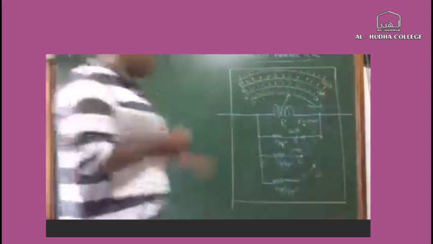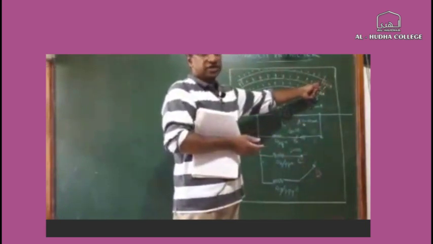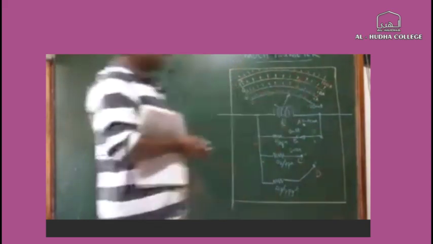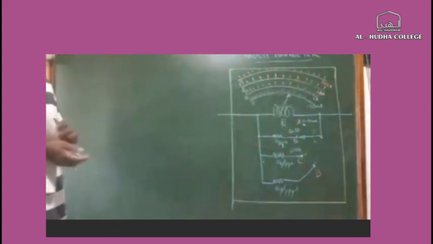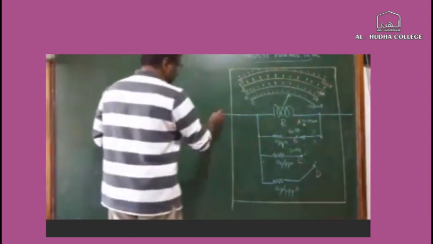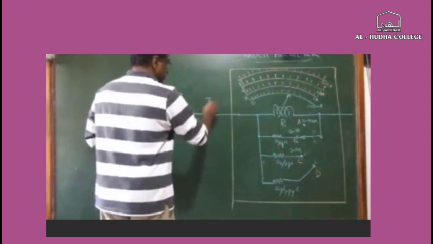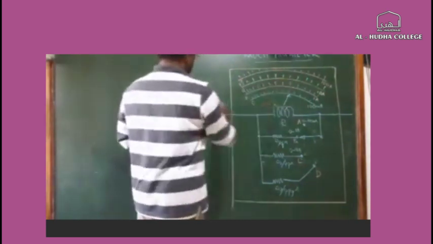So while selecting this selector to the required range, we have to switch to the corresponding scale. That is how a multi-ammeter is produced. Now the total external current, this is the external current to the meter. Now this is what we are representing here. 100 milliamps, 1 amp, 10 amp, 100 amp. Any questions?